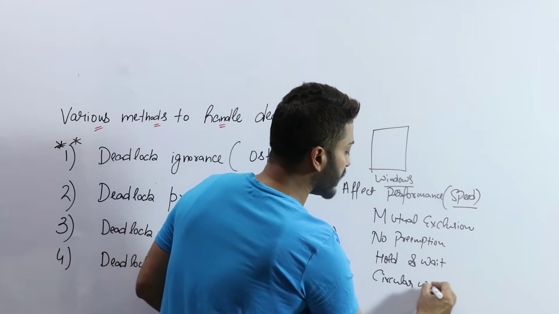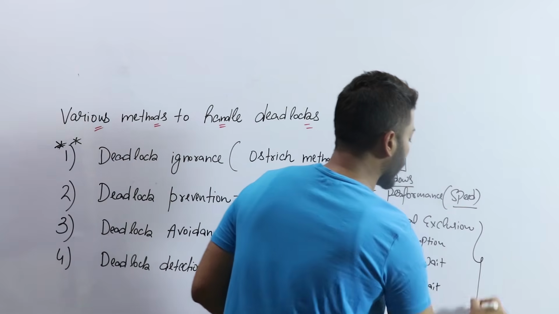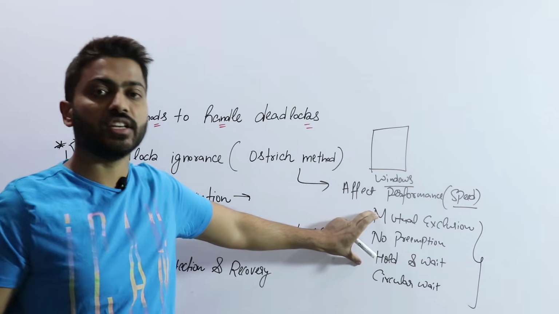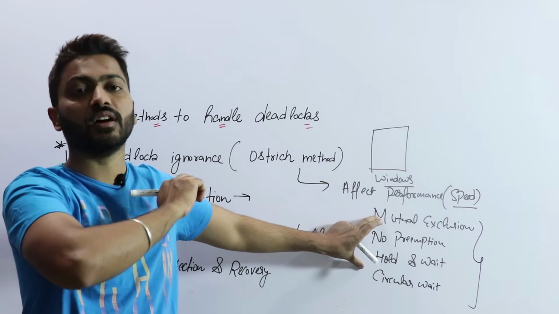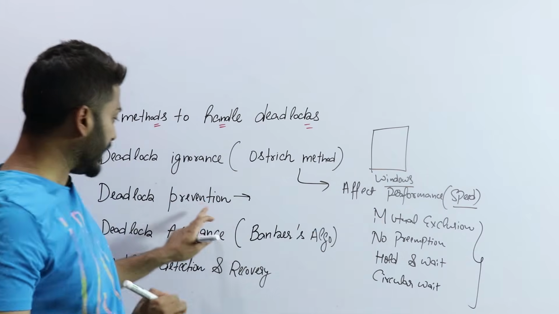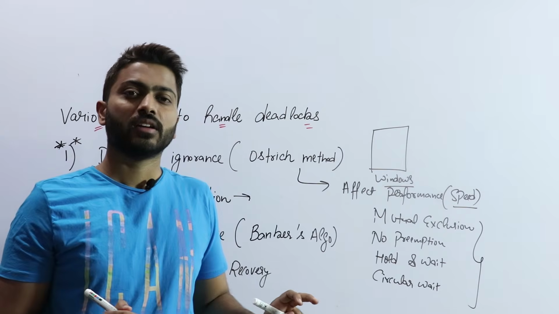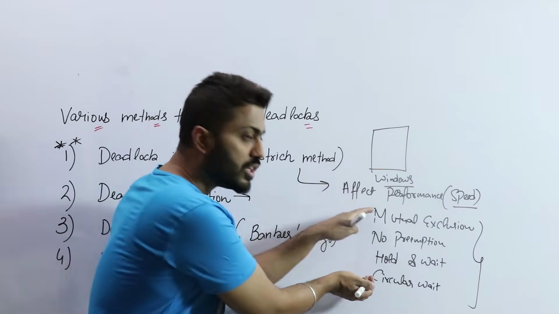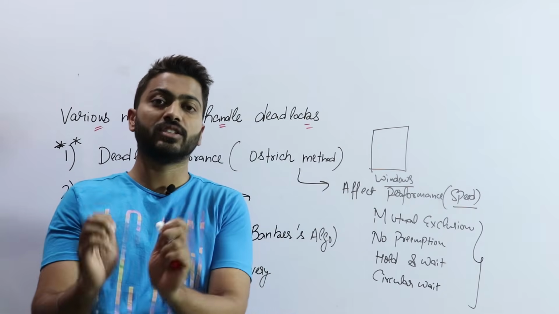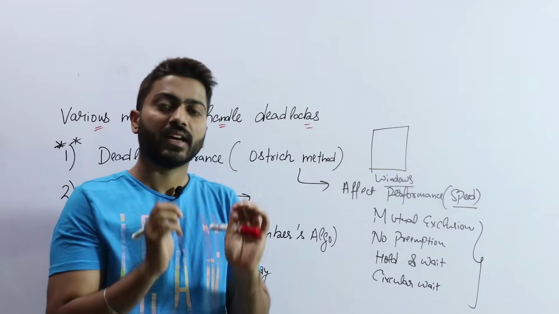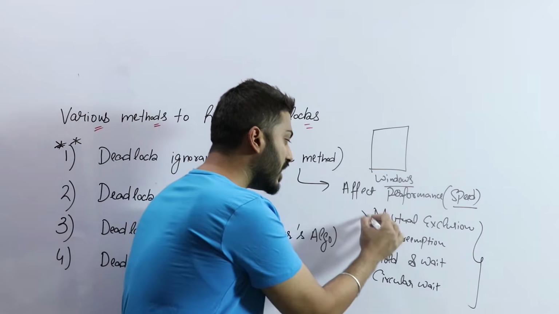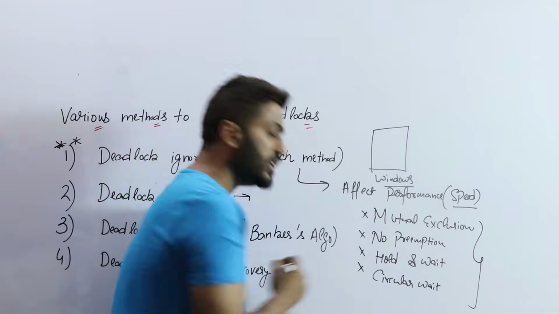As we know, these 4 conditions are mandatory conditions to have deadlock in the system. So what deadlock prevention says: either try to remove all the 4 necessary conditions from the system, or at least try to remove or discard one of the conditions.